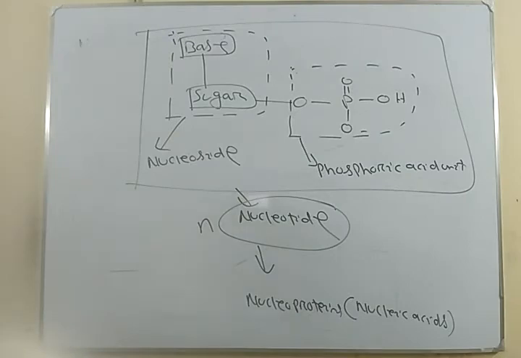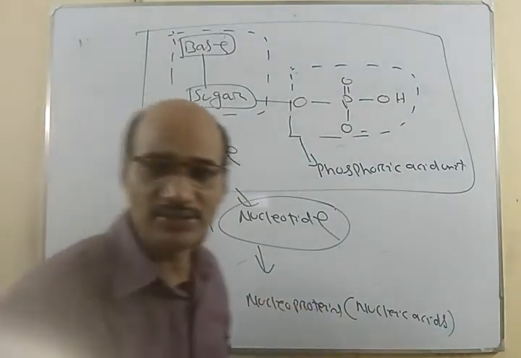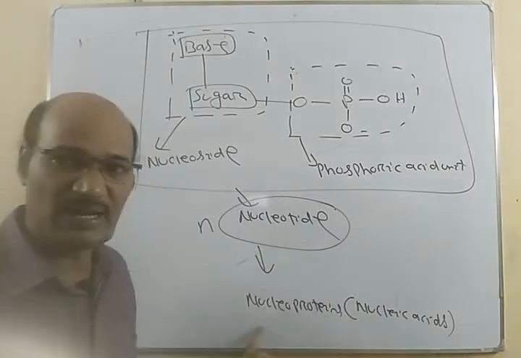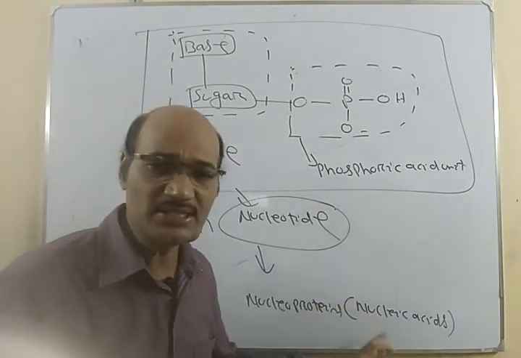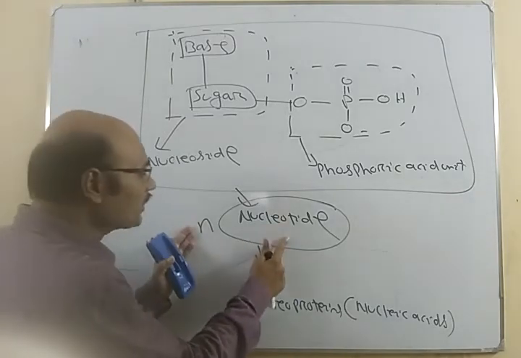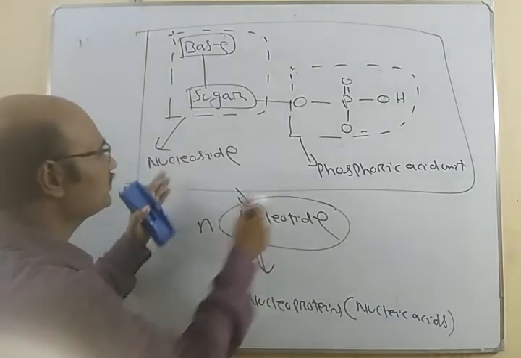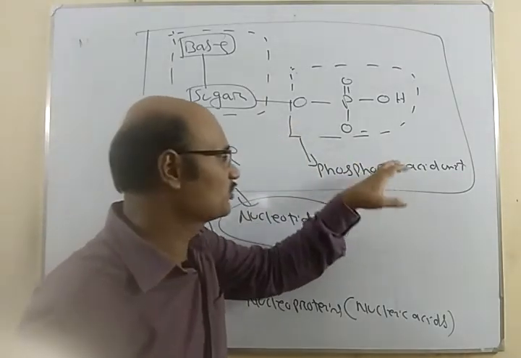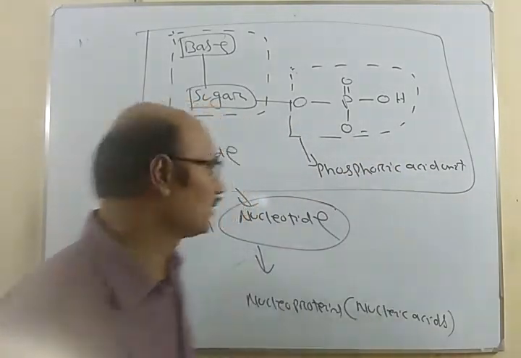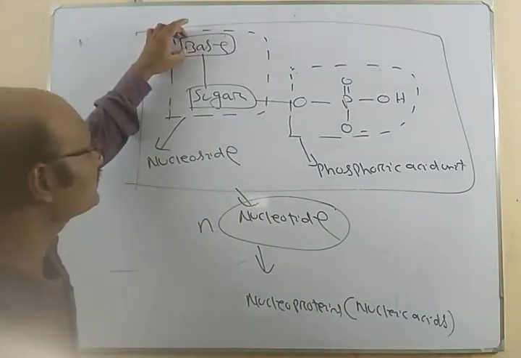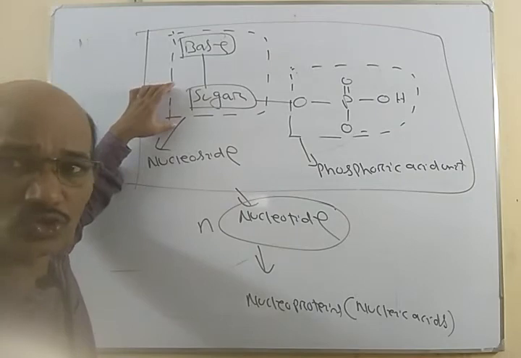Okay, so nucleic acids are biopolymers consisting of the monomer nucleotide. The nucleotide consists of two things: a nucleoside and a phosphoric acid unit. Now the nucleoside consists of two things: a base and a pentose sugar.